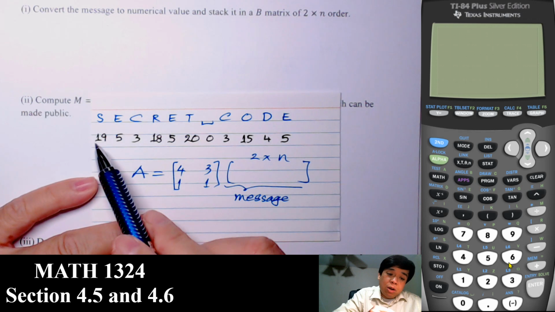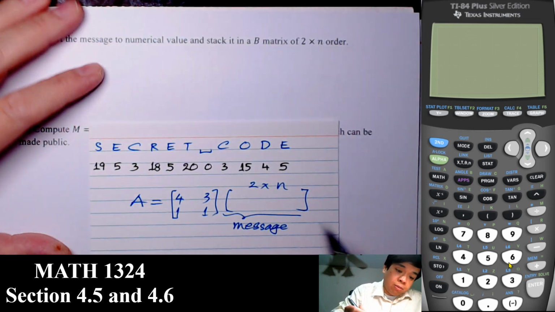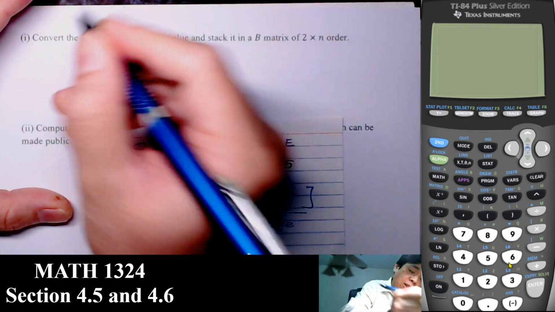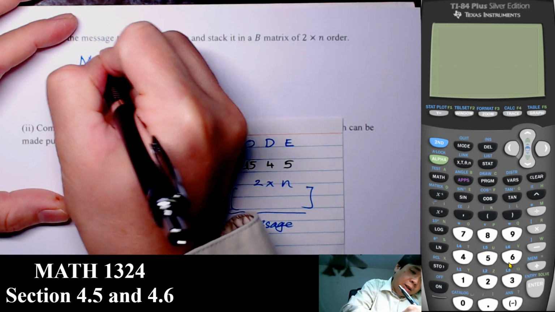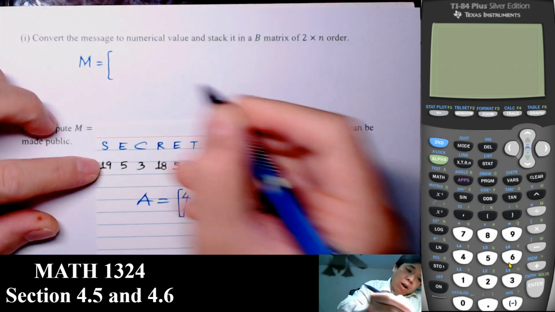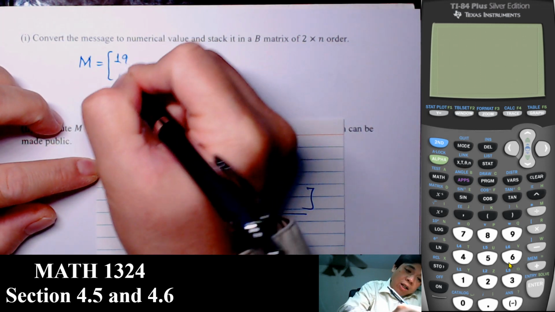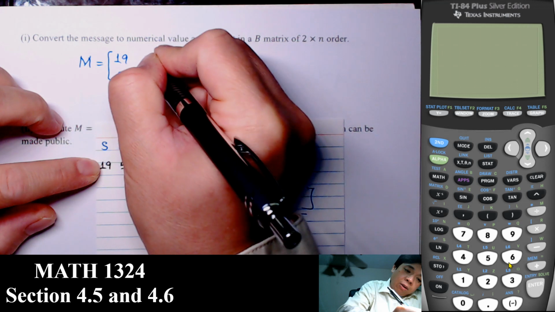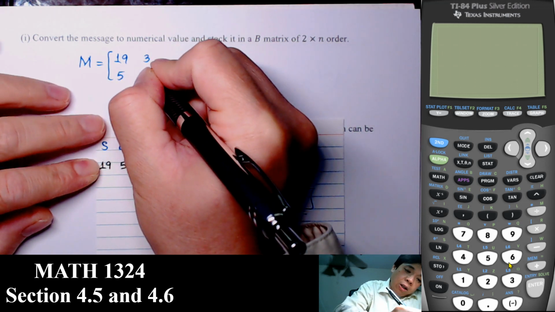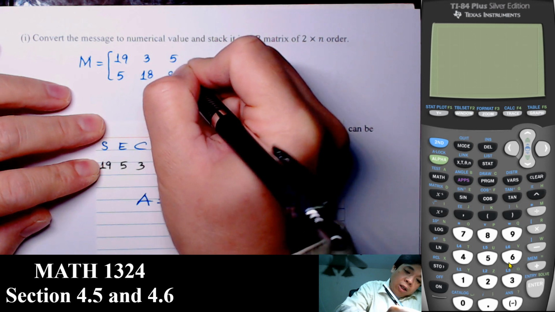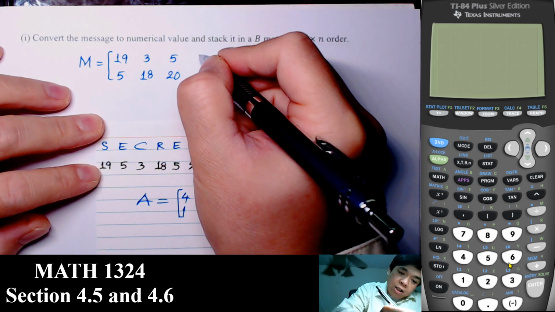So in that case, we're going to stack that in columns. The message, we're going to write in columns because we don't know how far we go horizontally. So we just go 19, 5, 3, 18, 5, 20, and 0.